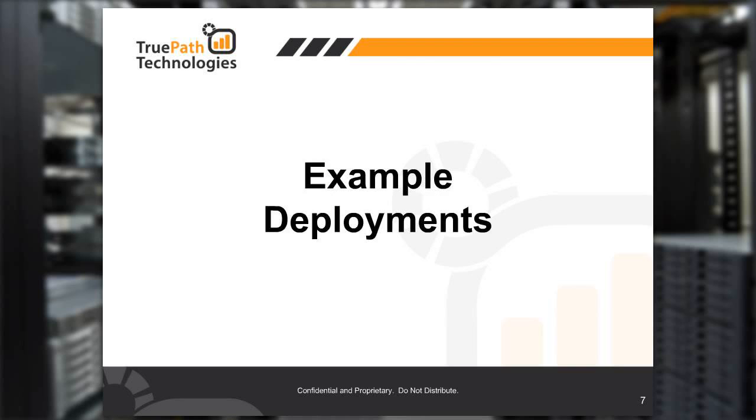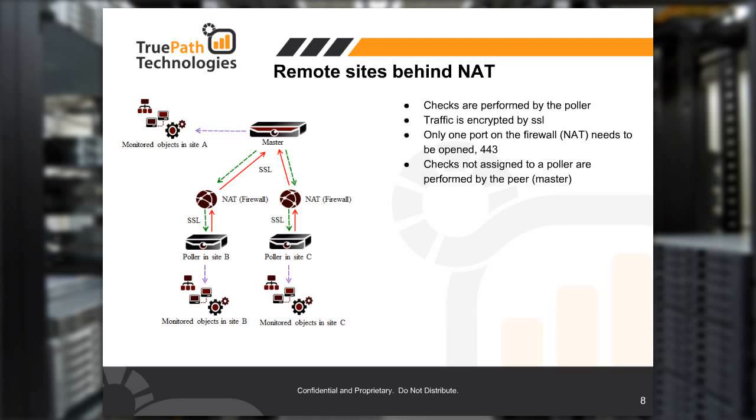So let's look at some example deployments. Let's look at what might be a typical deployment for some load balance. We have a master server sitting in a particular site, and that master server might actually be monitoring things locally. The checks are performed through a NAT firewall, through SSL, in site B on the bottom left.